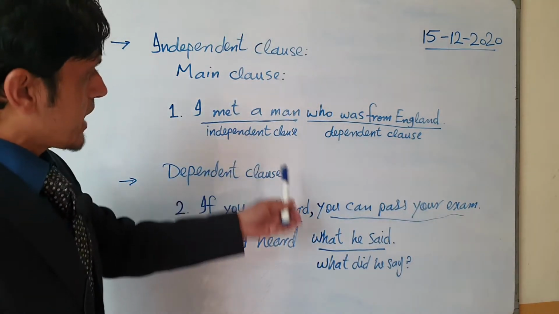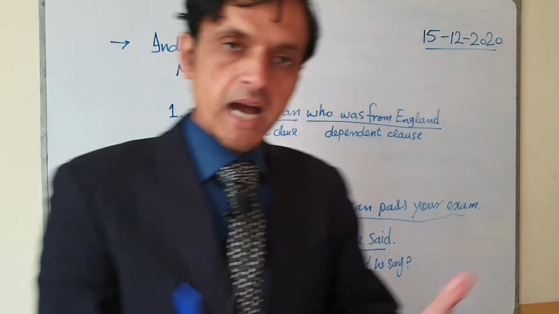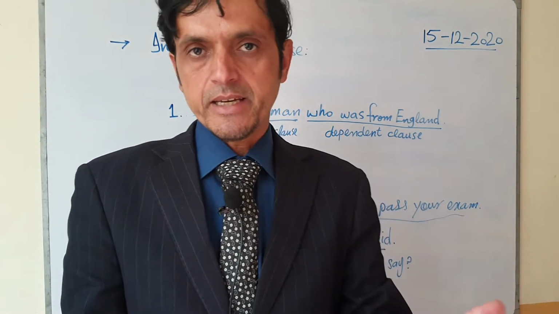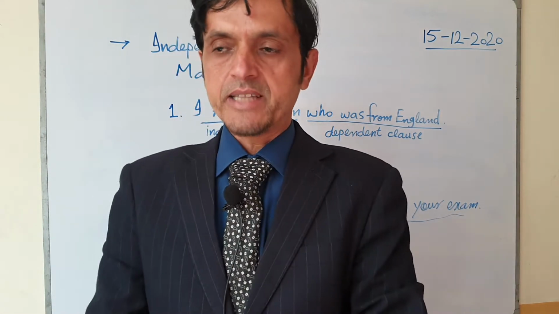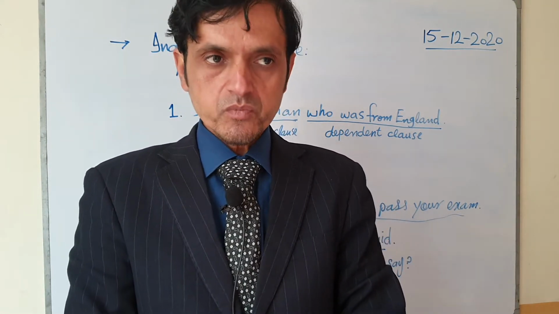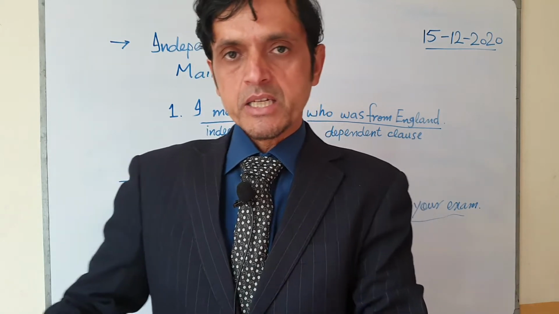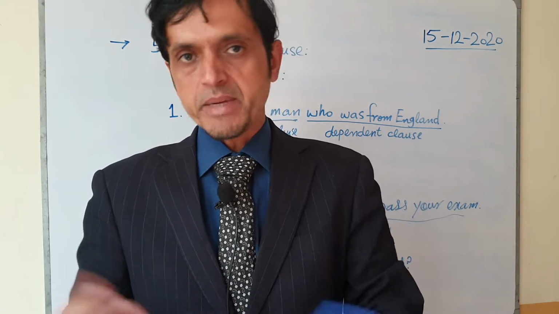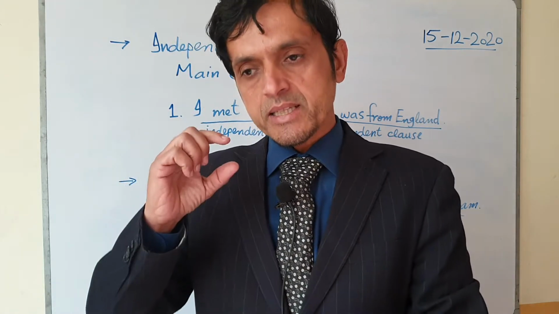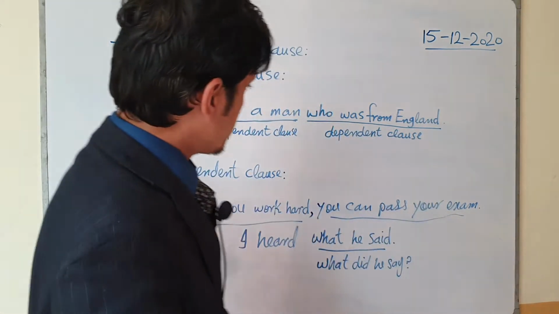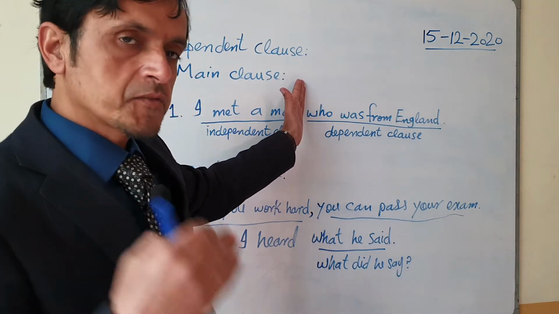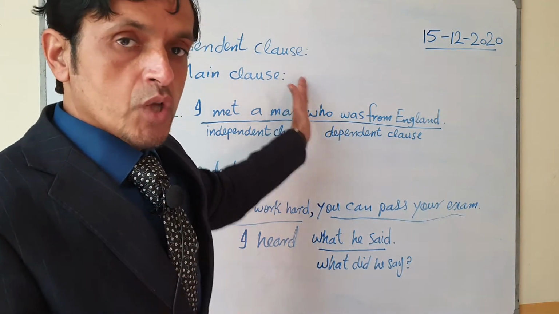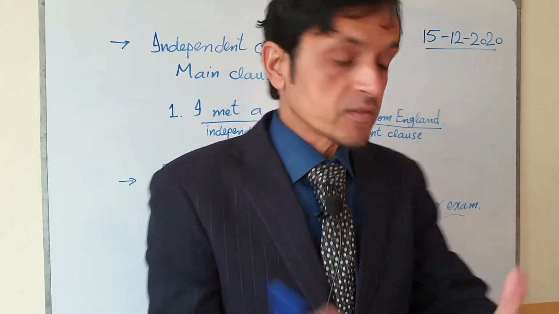If we say I met a man, the meaning is clear. For example, if I am talking to someone and say that for my job I met a man, the idea is clear. But if we say only who was from England, the meaning is not clear.